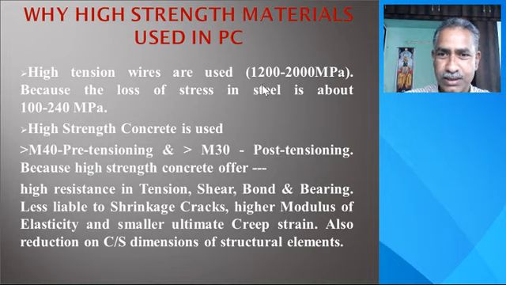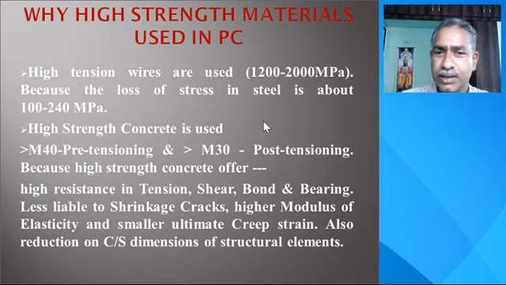The yield strength is more than 1200 Newton per mm square, and it is observed that the loss of stress in steel is about 100 to 240 MPa, that means as good as Fe 250. To compensate all these losses, it is necessary to use high strength steel. That's why we use the high tension wire.